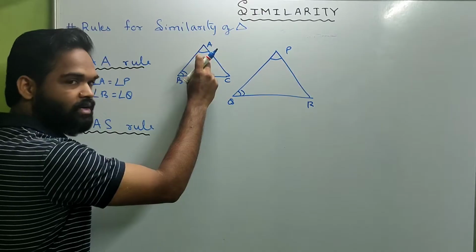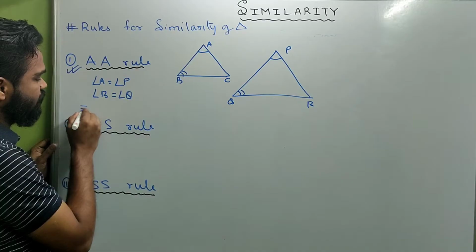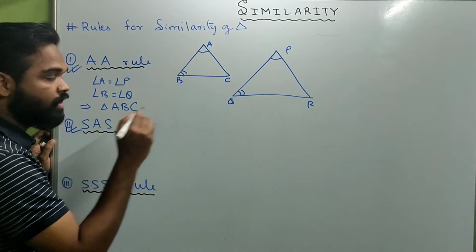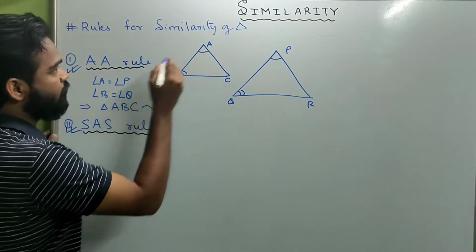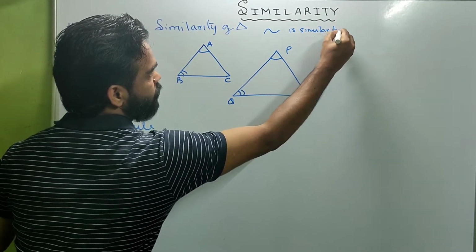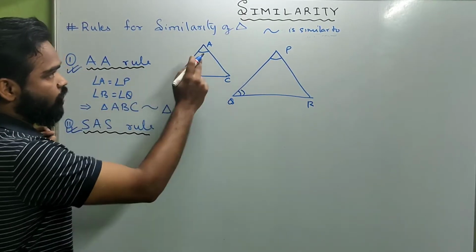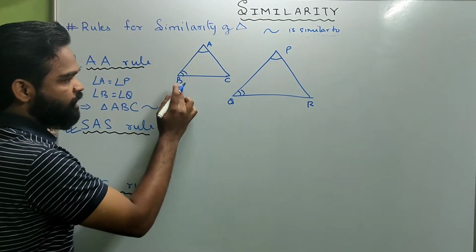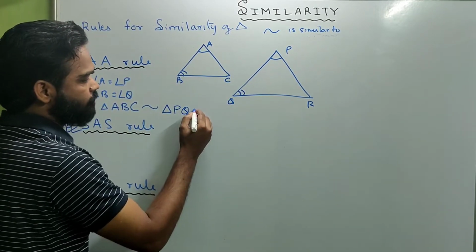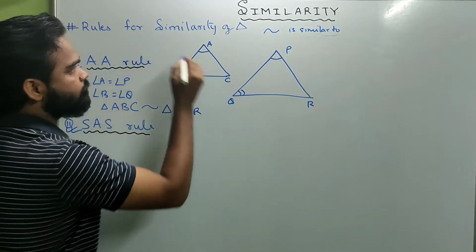If two angles of one triangle are equal to two angles of the other triangle, then we can straight away say that triangle ABC is similar to, this sign denotes is similar to, triangle PQR. Now A corresponds to the vertex P, B corresponds to the vertex Q, so write properly, and C corresponds to R. And no doubt angle C and angle R will be equal, isn't it?